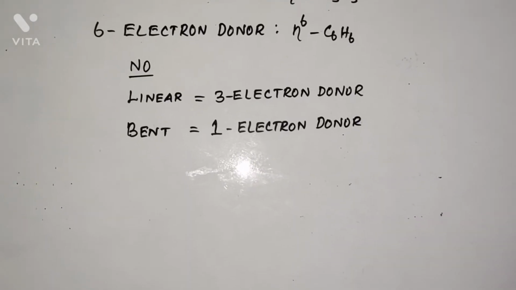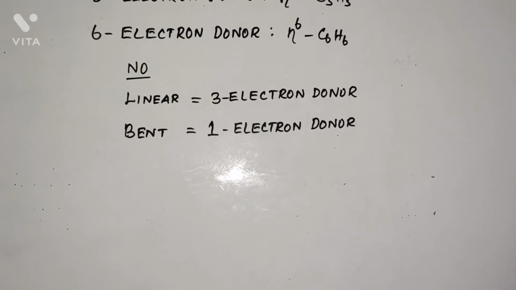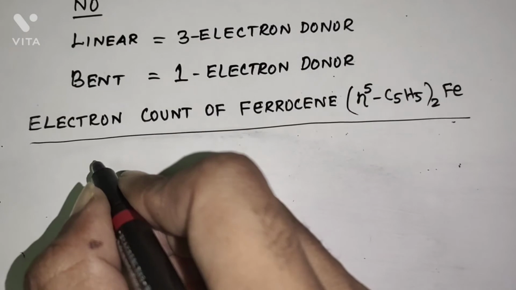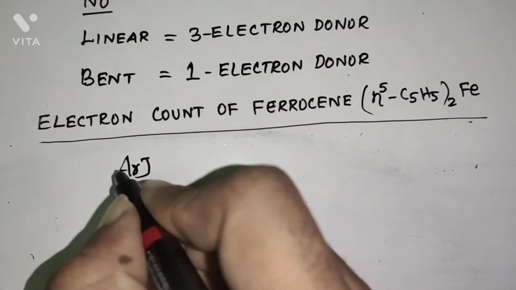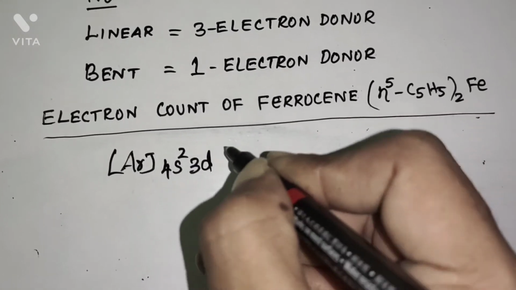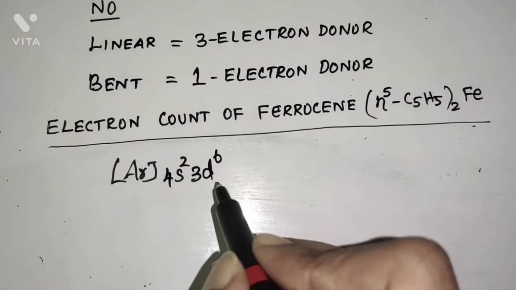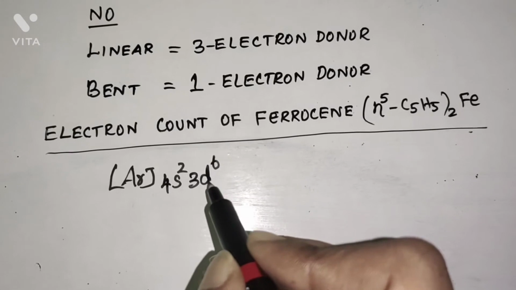Now I am going to tell you the electron count of the ferrocene compound using the neutral ligand method. We already discussed that the electronic configuration of Fe is argon 4s2 3d6. In the previous method, we considered only d orbital electrons.